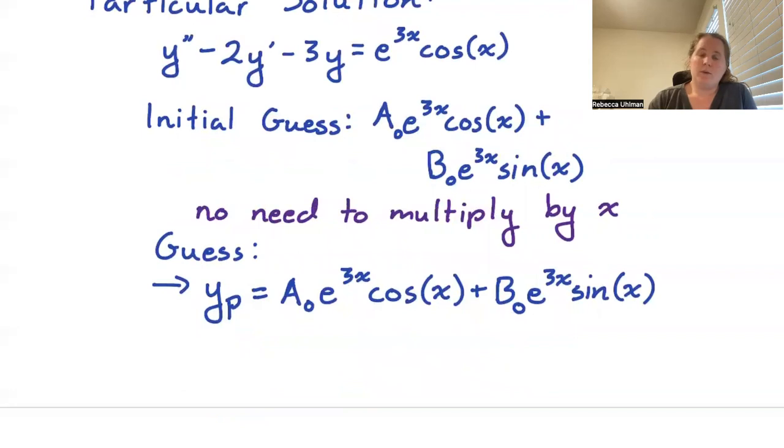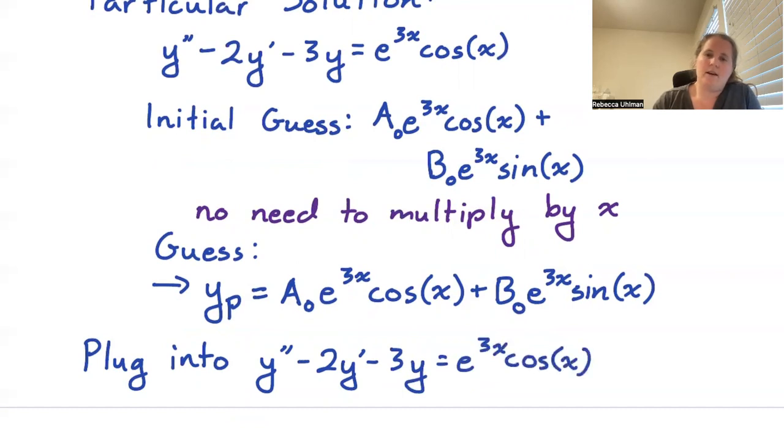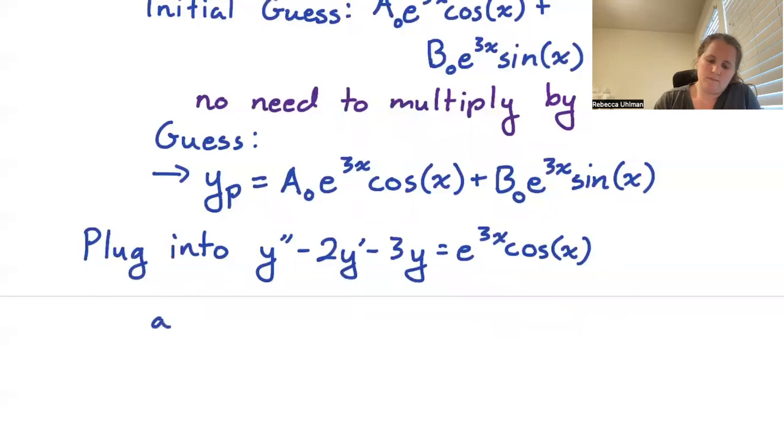From here, then, we plug this in and solve for our coefficients. So we will plug in to y double prime minus 2y prime minus 3y equals e to the 3x cosine x and match coefficients.